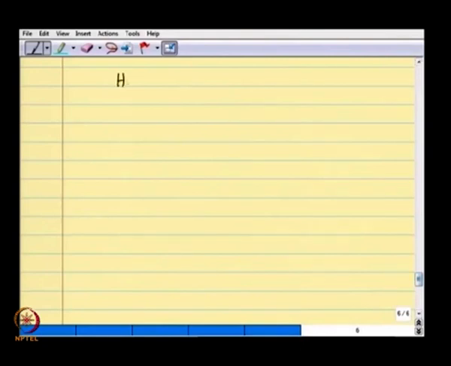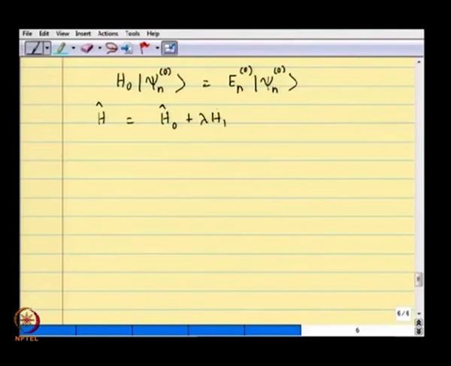Let me then summarize the results that we have for this lecture. We started with H naught psi n 0, now everything written in bracket notation, equals E n 0 psi n 0. The Hamiltonian that we used was H naught plus lambda H1, with lambda set to 1 at the end of the calculation, so that the Hamiltonian becomes H naught plus H1.